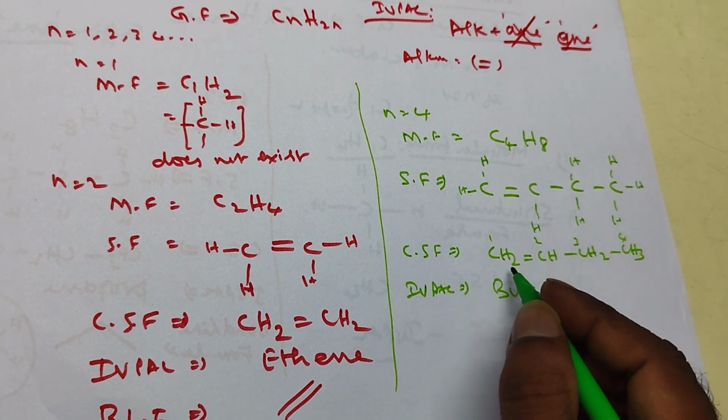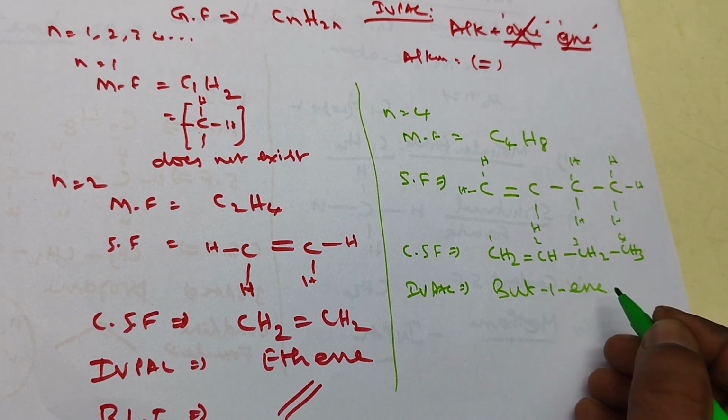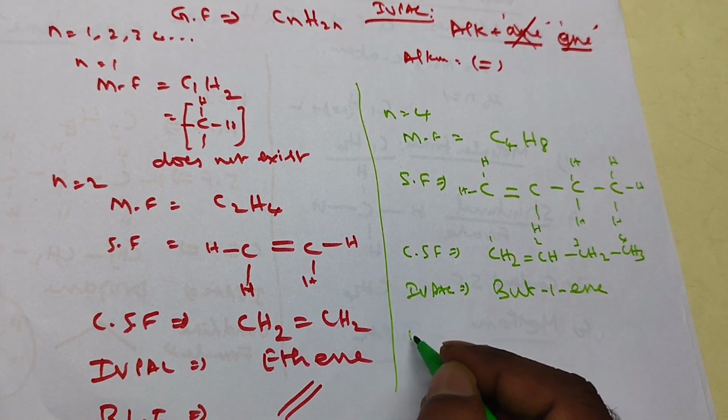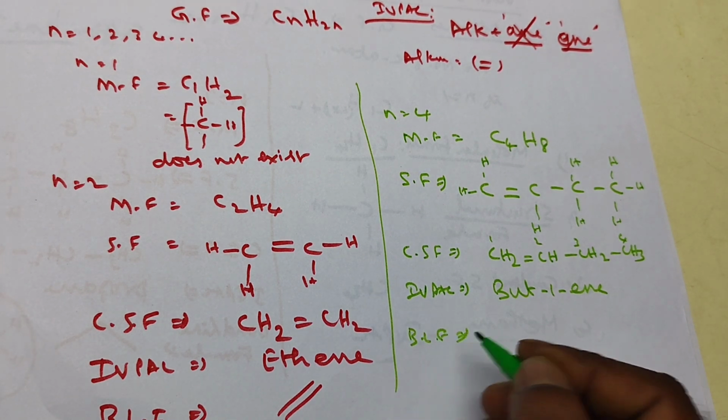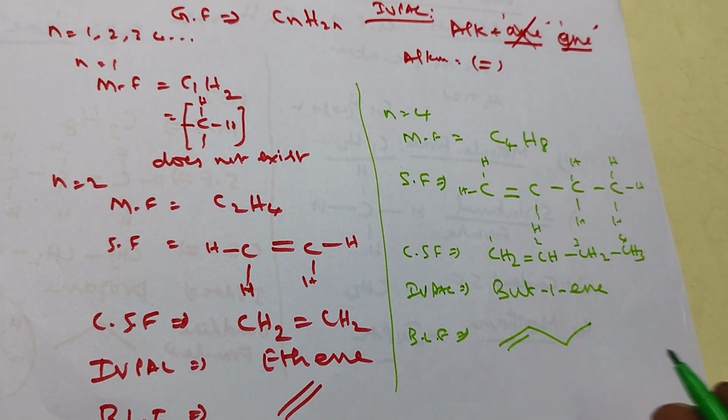In this case, the first carbon itself has a double bond, so you give the lowest number: but-1-ene. And what is its bond line formula? You have to draw like this, 1, 2, 3, 4, that's all. So this is the way of writing the alkene series of compounds.